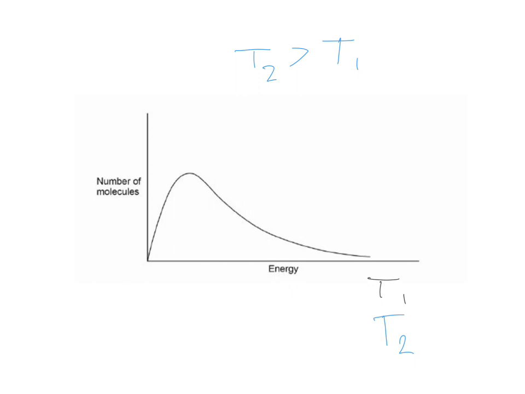Well, if you're increasing the temperature, you're increasing the energy of the molecules, or you're potentially increasing the energy of the molecules. Now what that means is that your most probable energy is going to shift further to the right. It's going to be higher, and actually your mean energy is also going to be higher, but the number of molecules is still the same.